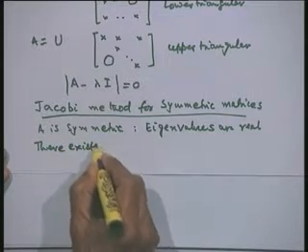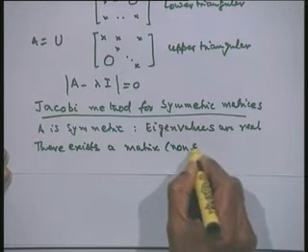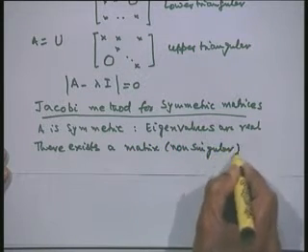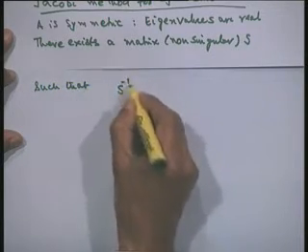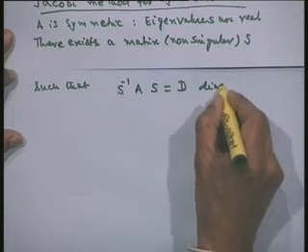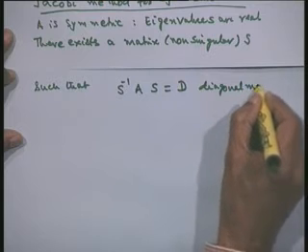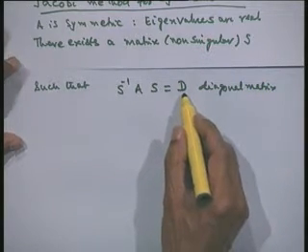Therefore, there exists a non-singular matrix, we will call it S, such that S inverse A S is equal to D, where D is our diagonal matrix. Therefore, all the eigenvalues are located on the diagonal of this matrix D.